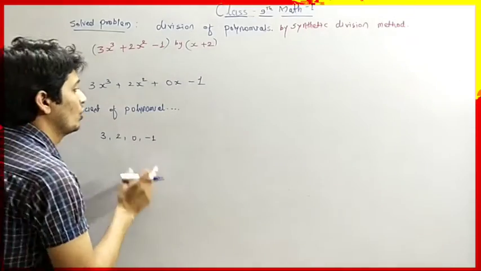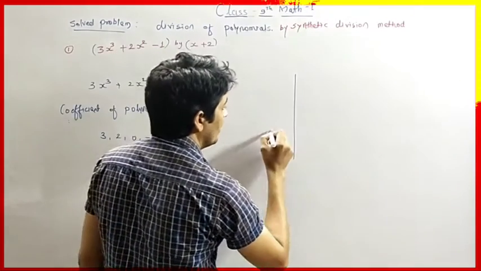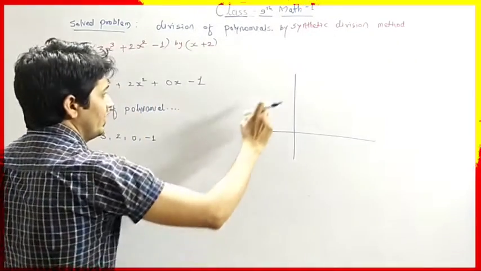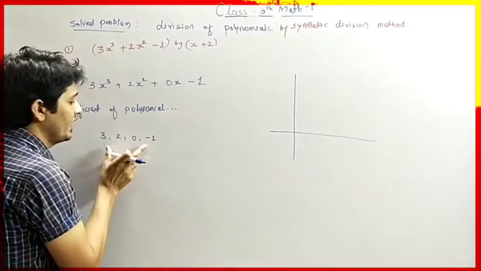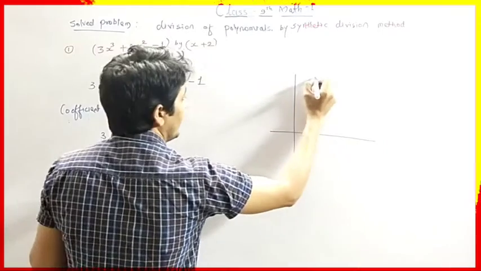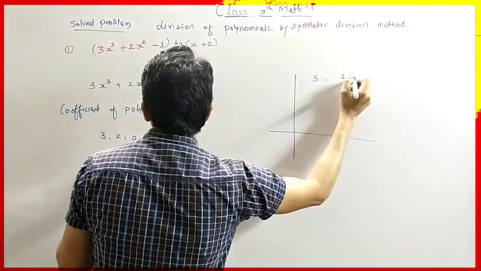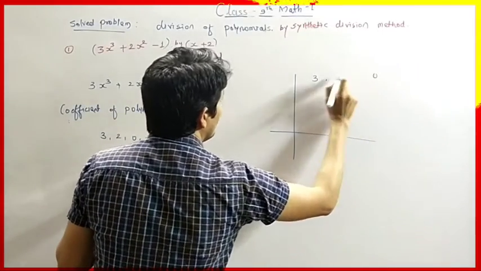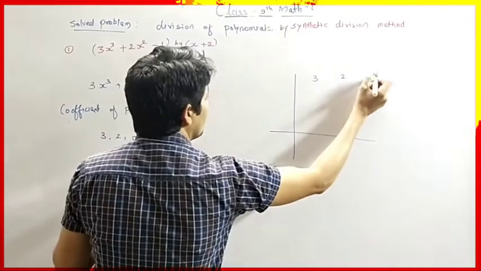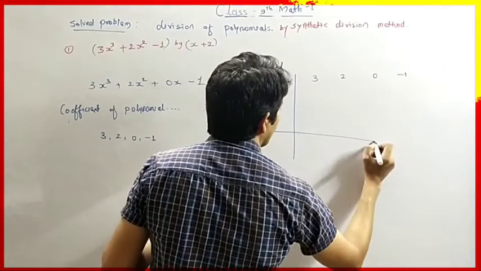So we have to write these coefficients in this table. In the first row we write 3, then 2, then 0, with some distance, and then minus 1.